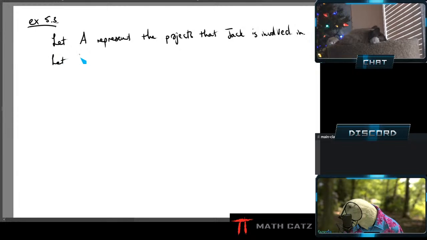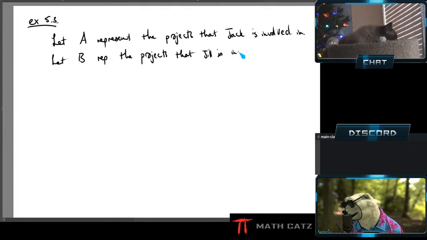And B is going to represent the projects, or the collection of projects, that Jill is involved in.